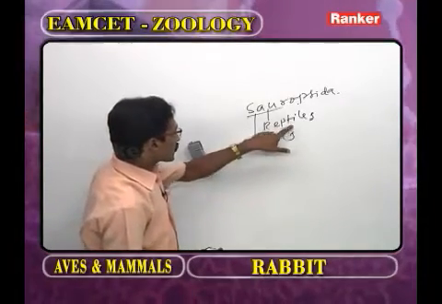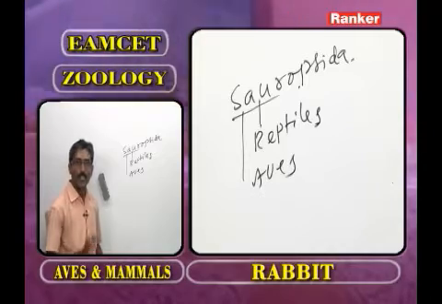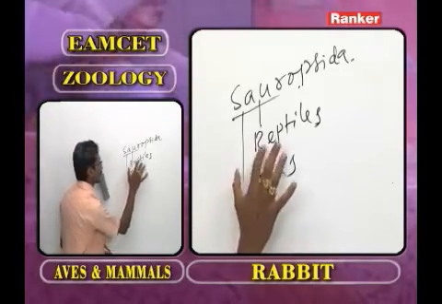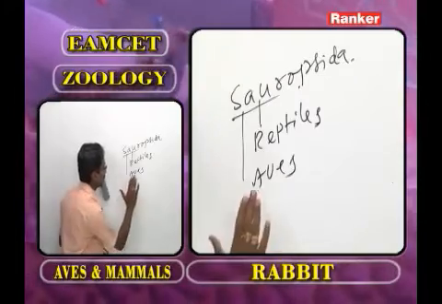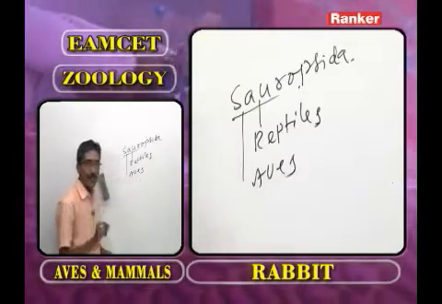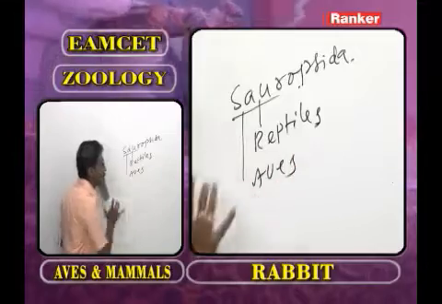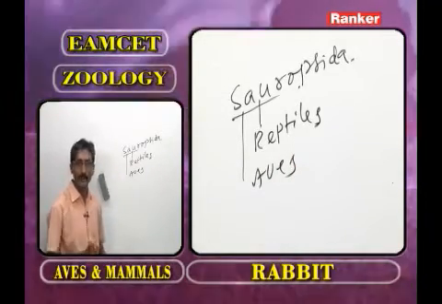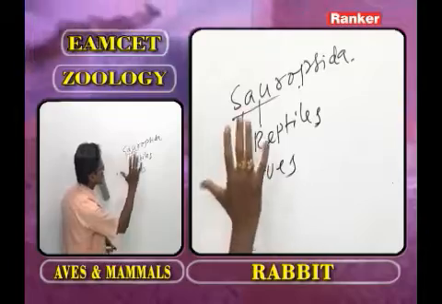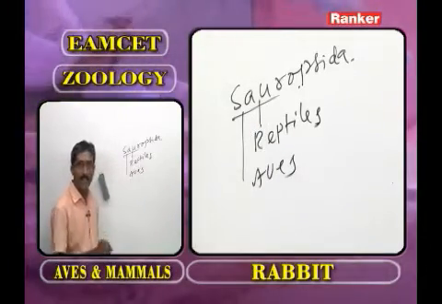There are so many similarities between reptiles and aves. One example is, in the majority of reptiles, 12 pairs of cranial nerves are present. In all aves, how many cranial nerves? 12 pairs. In reptiles and aves, in the embryonic stage, rudimentary gills are present. Like that, many similarities are present. So these two are grouped as Sauropsida.